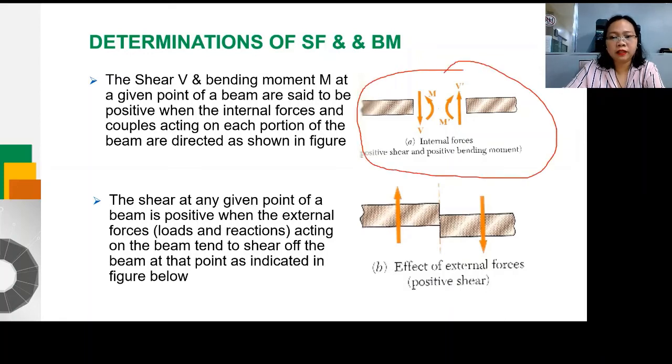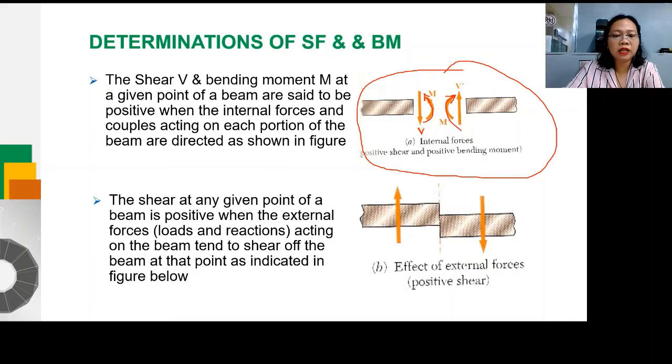Take note, when you consider the left side of the beam, the positive convention for shear is this one, going down, and the moment is in this direction. When we consider the right side of the beam, going up is positive and our moment is going here. So, that is our positive shear and positive bending moment.